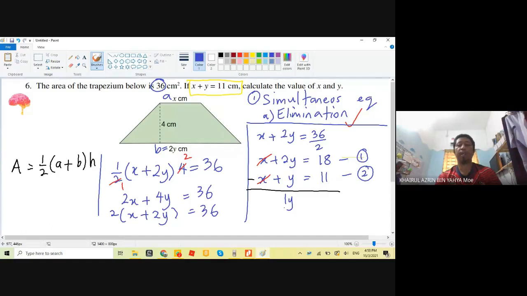So 2y minus y is 1y equals 7. For 1y, the 1 does not need to be written.